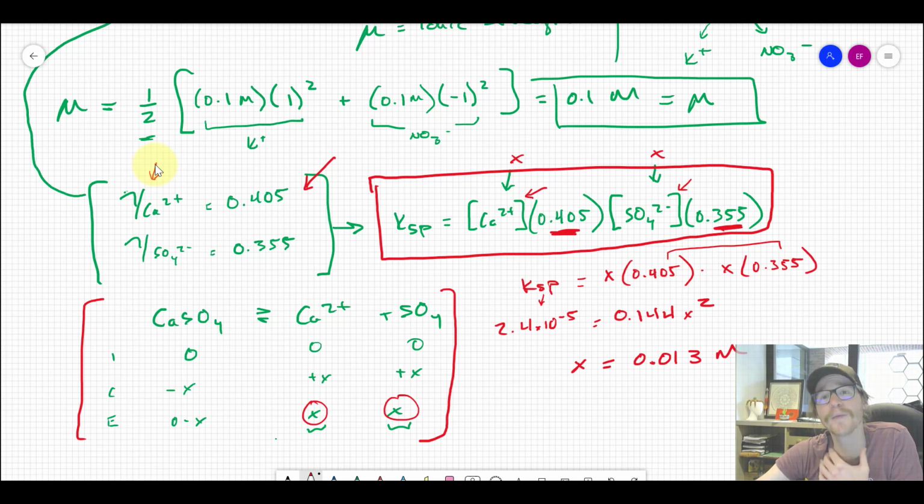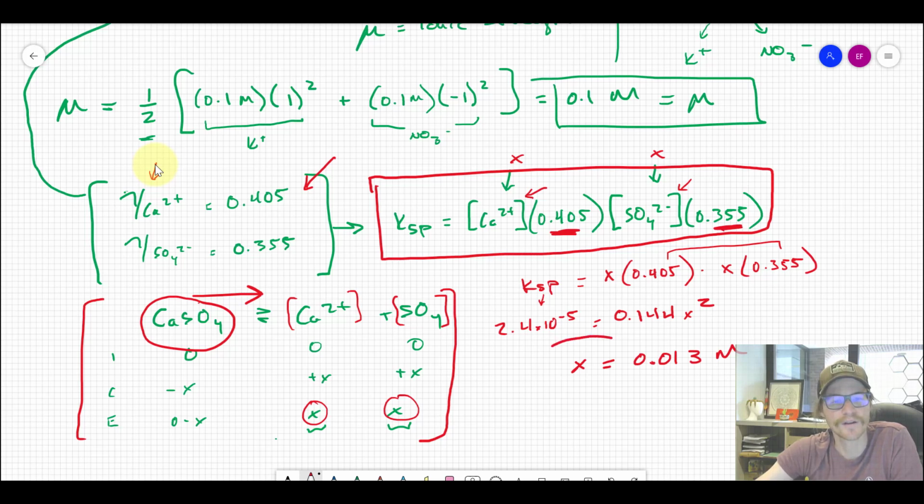So the apparent concentrations of each of these are much lower in solution. If that's true, that means more of the calcium sulfate can dissolve, because those concentrations are essentially being suppressed by the fact that there's some KNO3 in solution already. And we'll talk about that in Chapter 8, the shielding effect, and what causes this exactly.